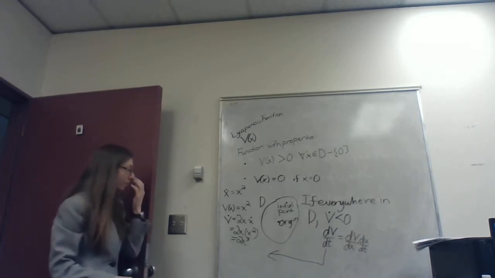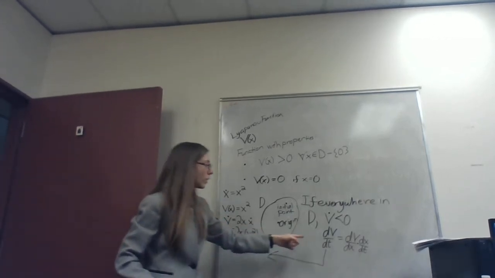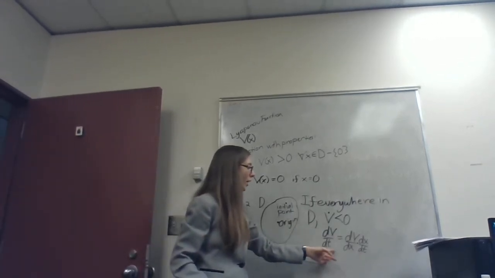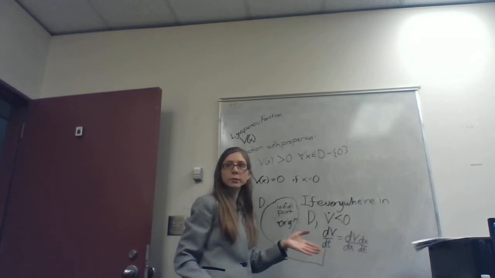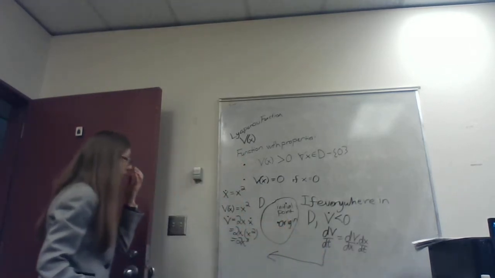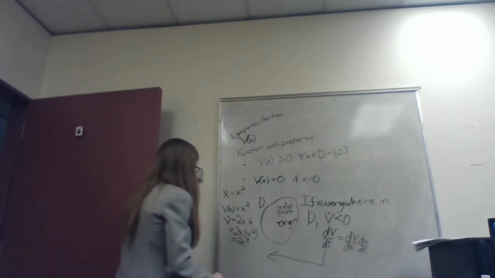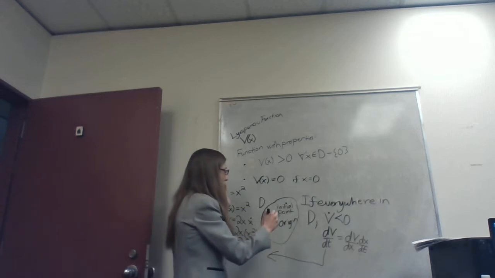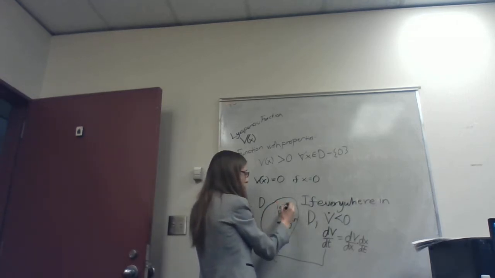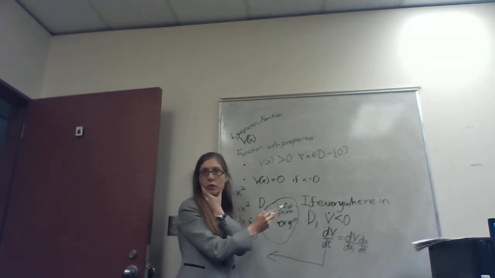What this is saying is you're getting the way that v is changing along the trajectory of x. If I start here, you have an initial condition for a differential equation.